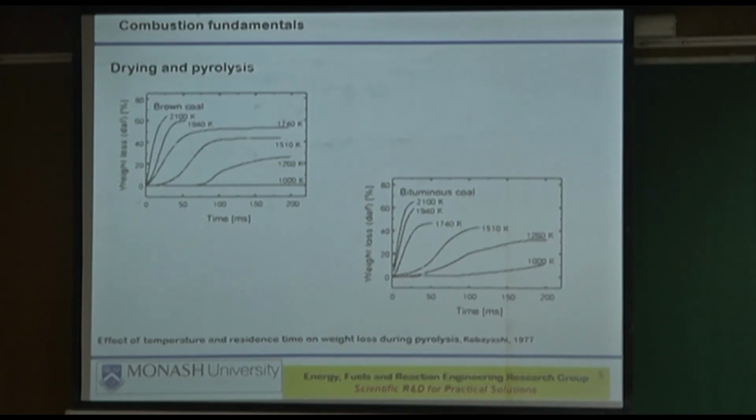Yeah. So in this case, what will happen is that the brown coals have much higher moisture plus ash content compared to bituminous coals. Bituminous coals' moisture plus ash content is less than that of brown coal.